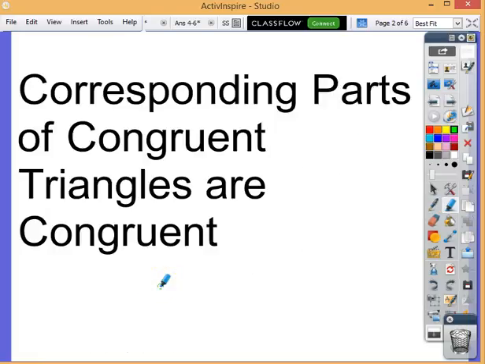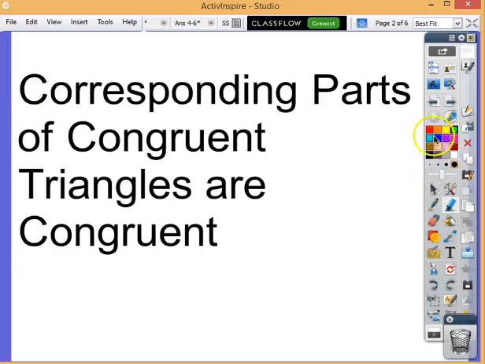So we have this statement, corresponding parts of congruent triangles are congruent. What that means is if I can prove somehow that two triangles are congruent, then all parts of the corresponding triangles must be congruent. And so a lot of times we'll prove the triangles congruent using three pieces of information, and then we'll extract a separate fourth piece of information out of that to make another statement to prove, and we use the corresponding parts of congruent triangles to do that.